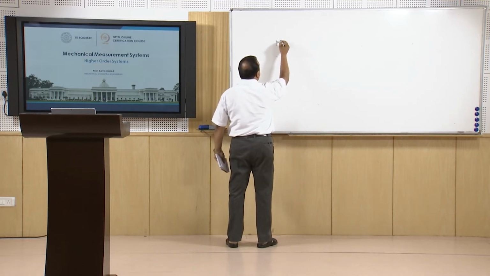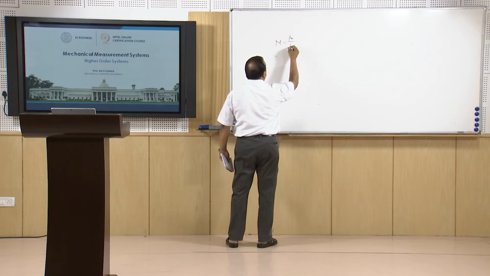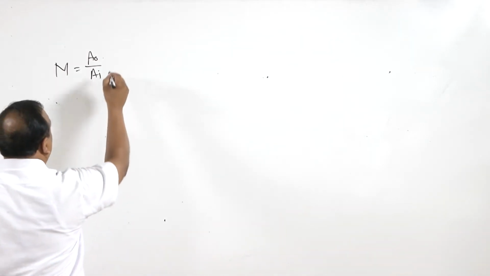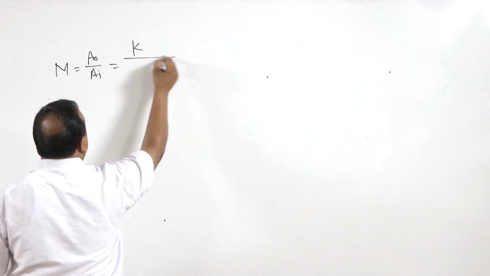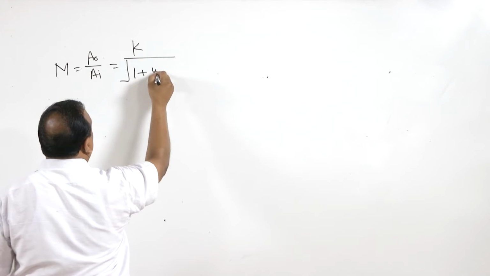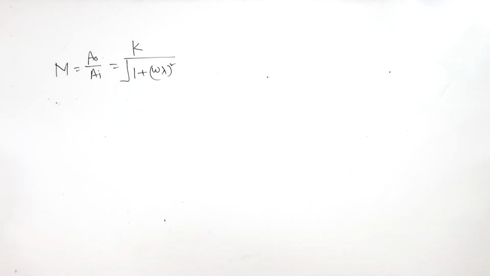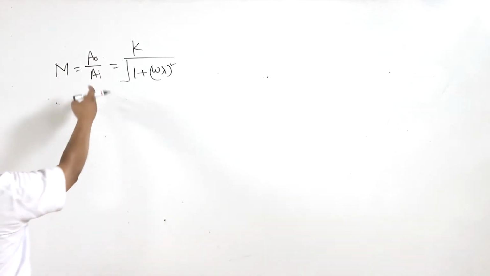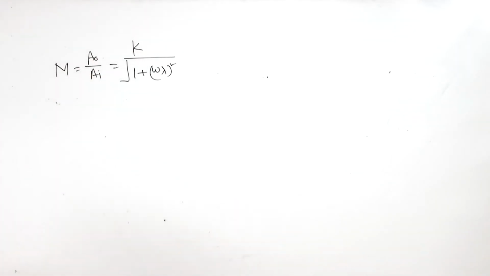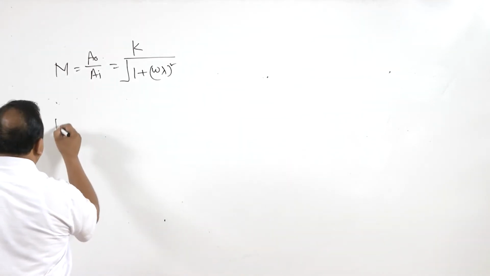The amplitude ratio for first order system, AO by AI, is equal to K by under root 1 plus omega lambda whole square. This is the amplitude ratio, and it is often less than 1. Another is m in decibel.